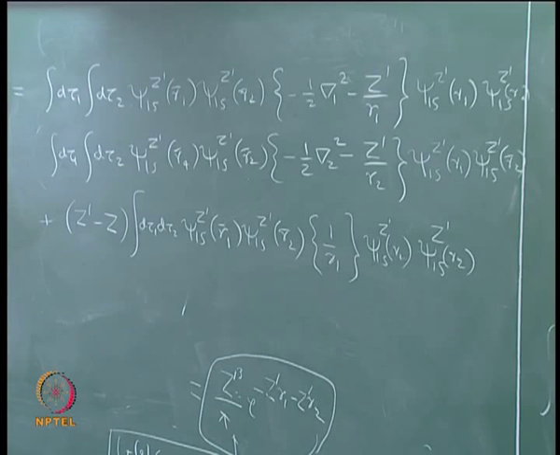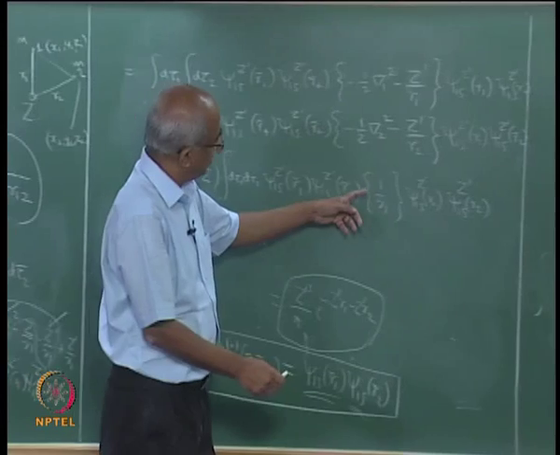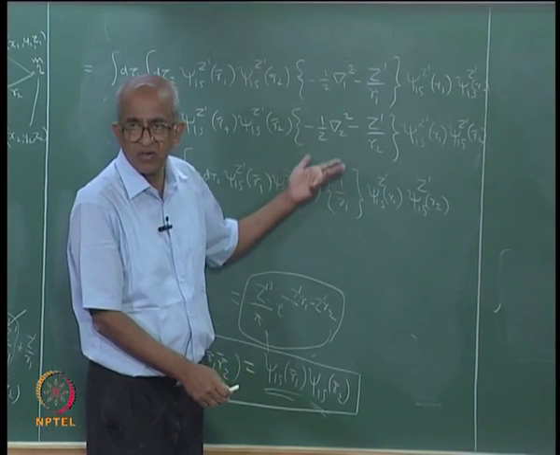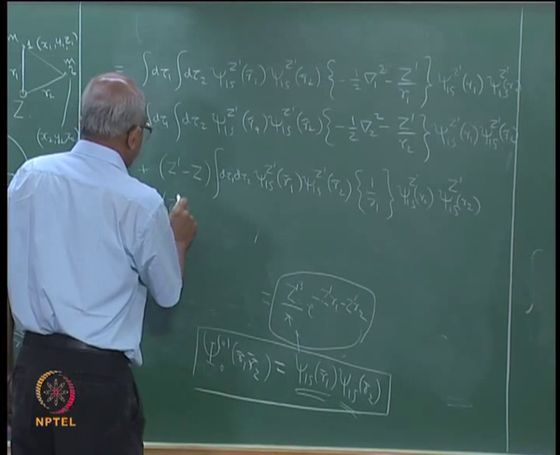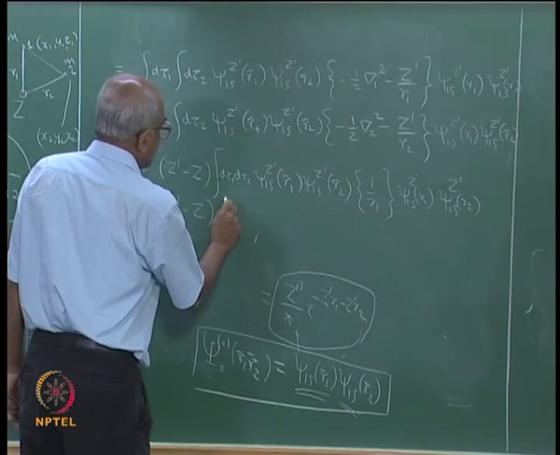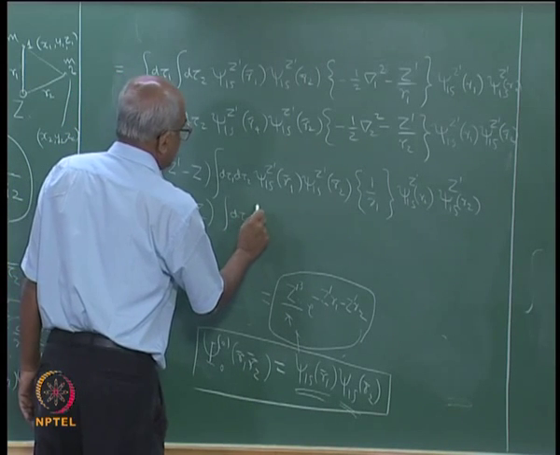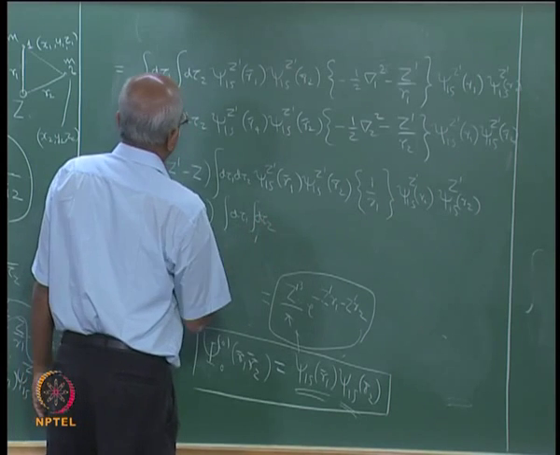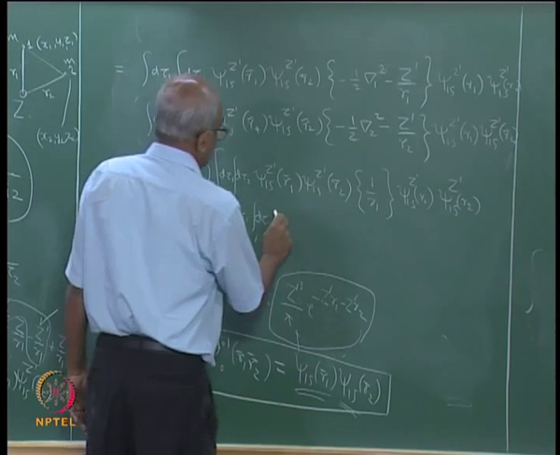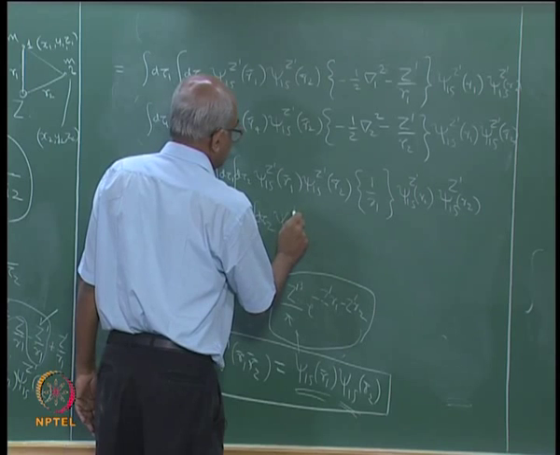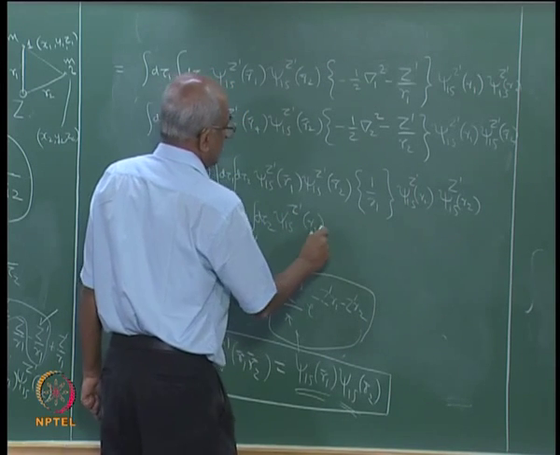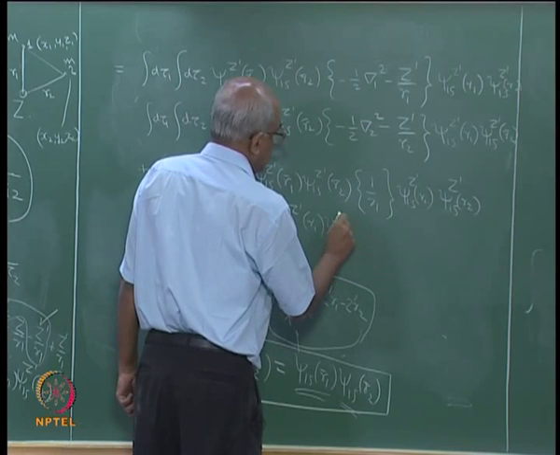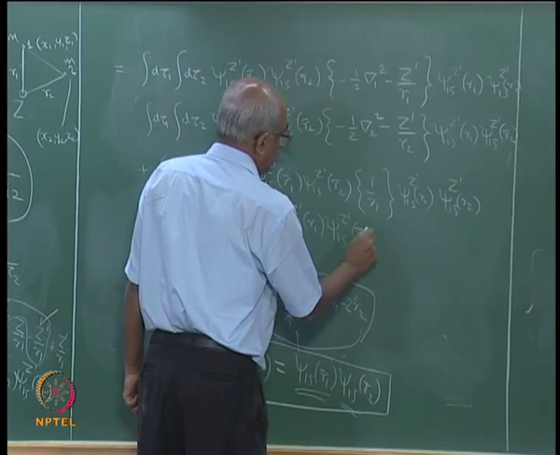Similar term is going to come from electron 2. So what will happen? The only difference will be, instead of this 1 by r1, you are going to have 1 by r2. So you will get plus Z prime minus Z integral d tau 1 d tau 2 psi 1s Z prime r1 psi 1s Z prime r2.